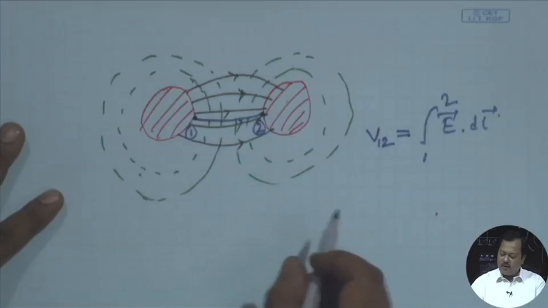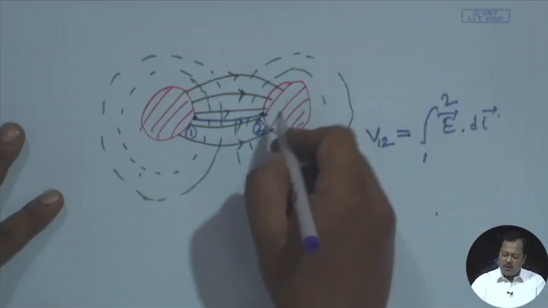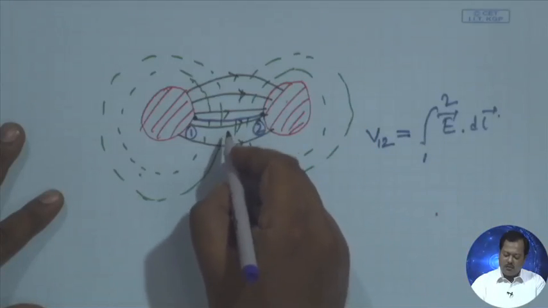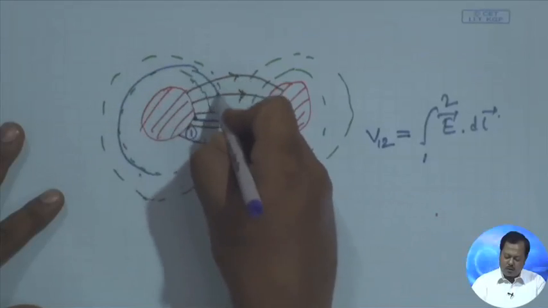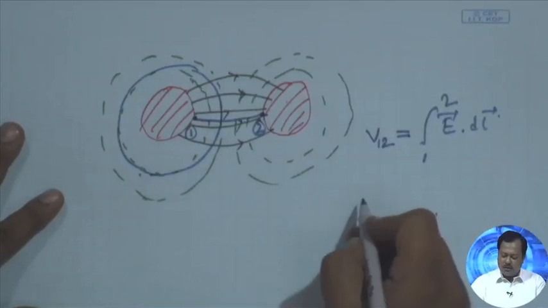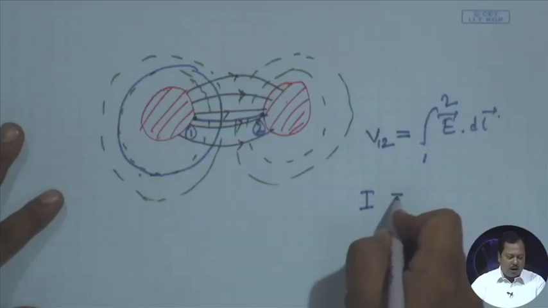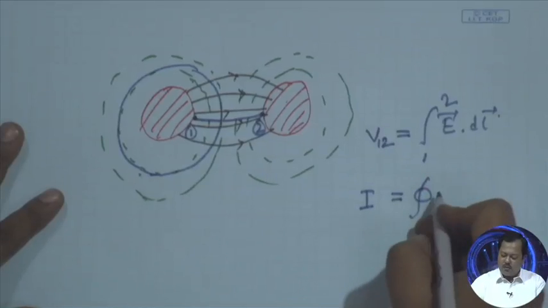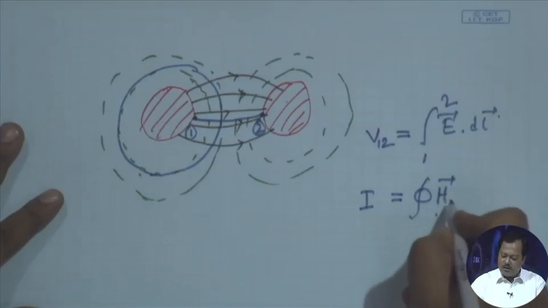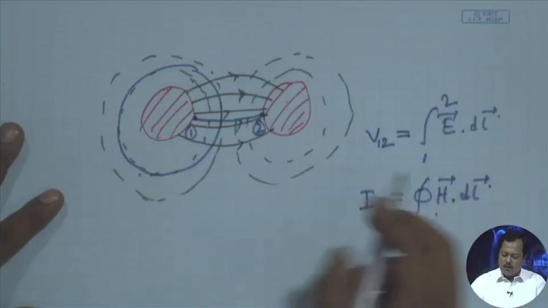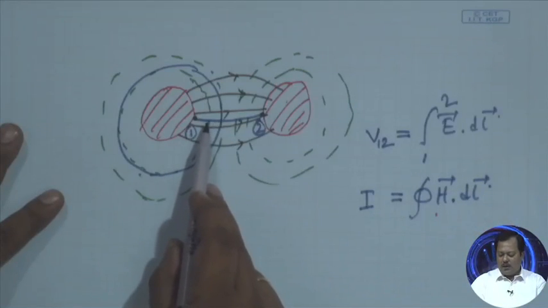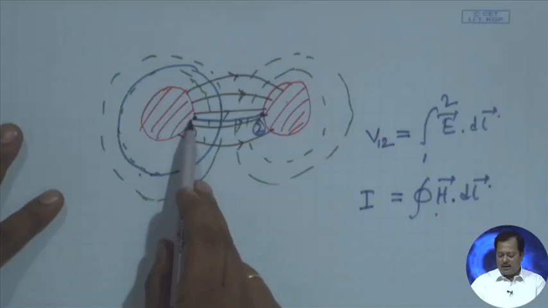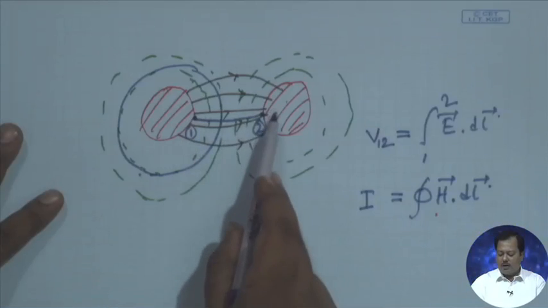Now, how can we calculate the current flowing through any single conductor? We have to consider one closed loop, and then the current I is equal to the closed integral of H dot dl.